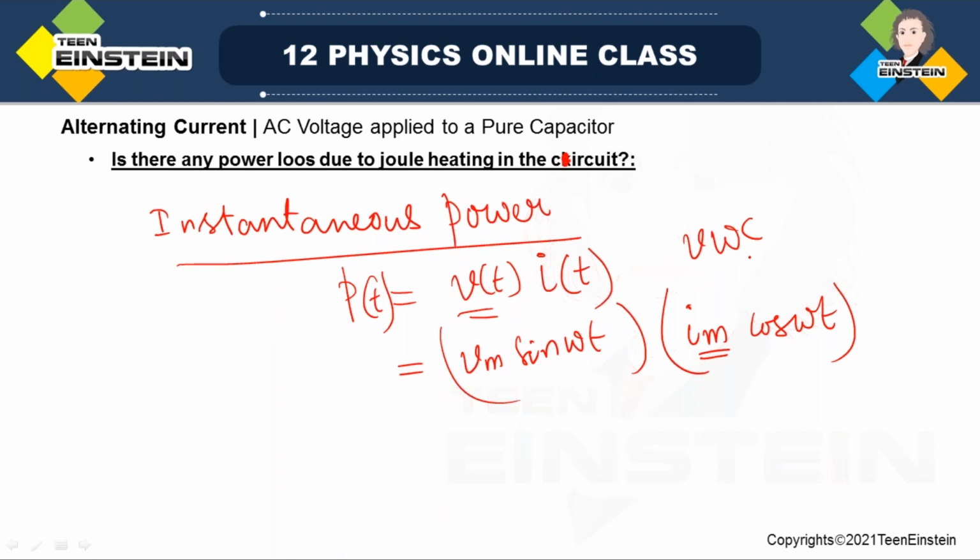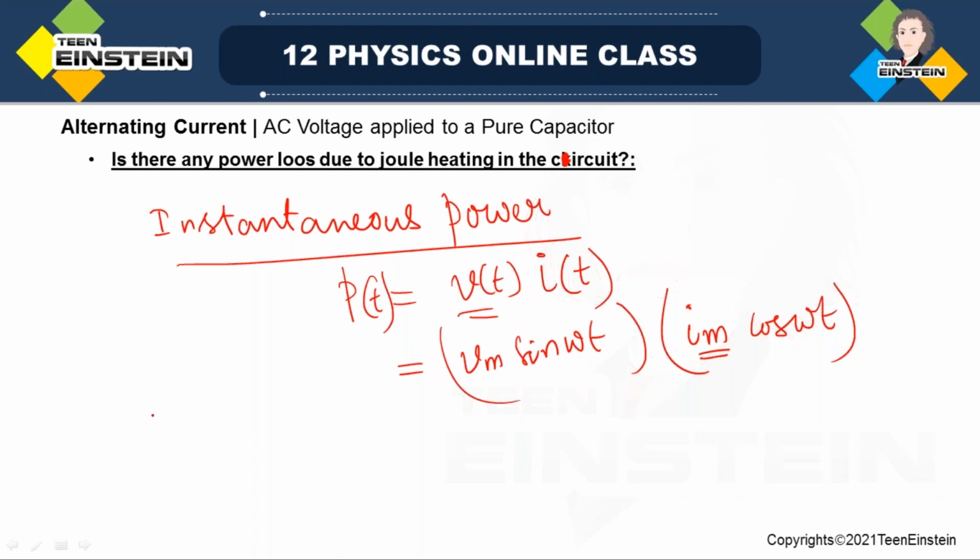So what we can do is take an average power. The instantaneous power does not mean anything physically. If you want to know about the joule heating loss, you have to get the average power dissipated.